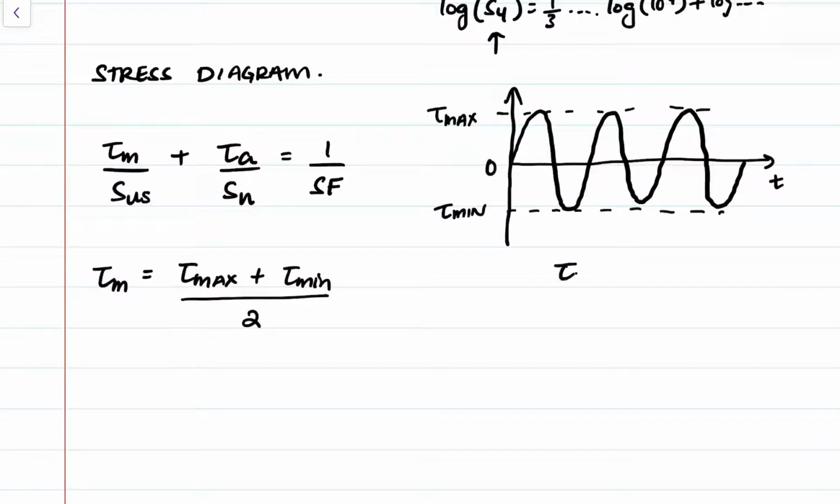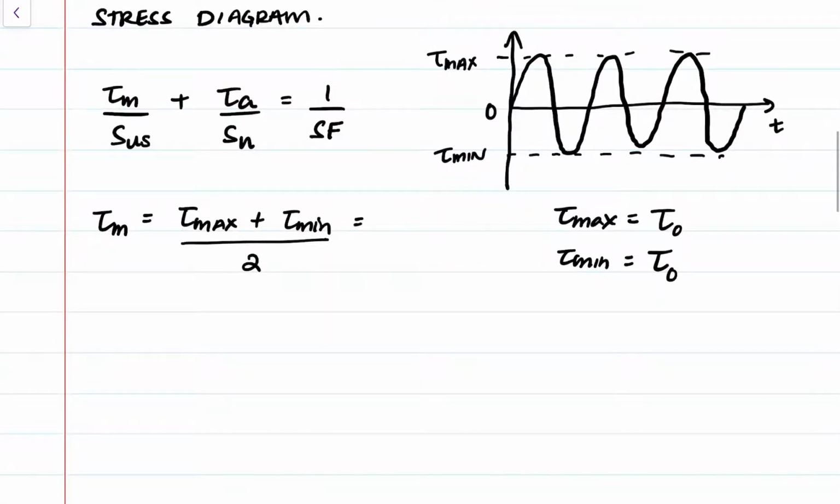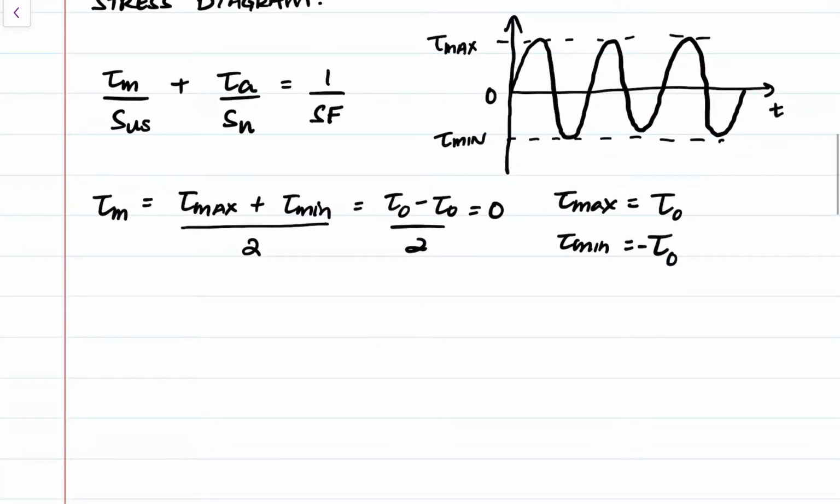And tau max, let's say, is equal to tau, and tau min is also equal to tau, let's call it tau naught. Sorry, negative tau naught, because tau min is below the 0. So it's going to be tau naught minus tau naught over 2. So our mean stress is 0, which makes sense because it's centered about 0.